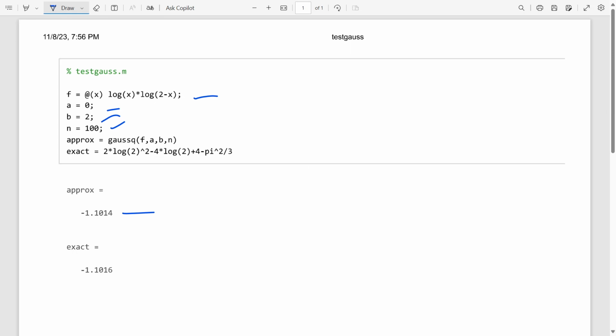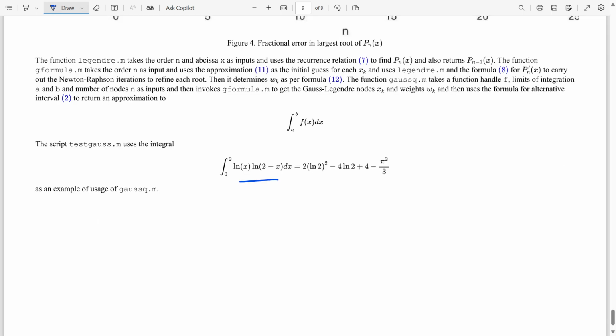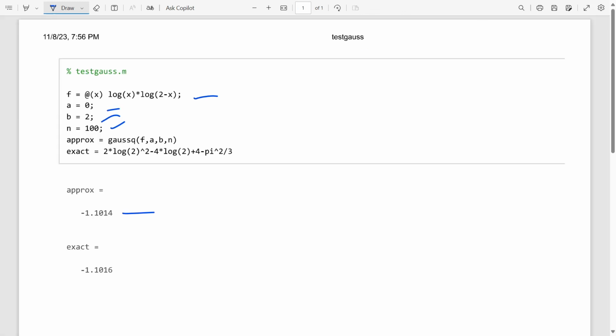If you work out the exact value of the integral by hand, or just use Wolfram Alpha, we get this value. And we can see that our error is about 2 times 10 to the minus 4.